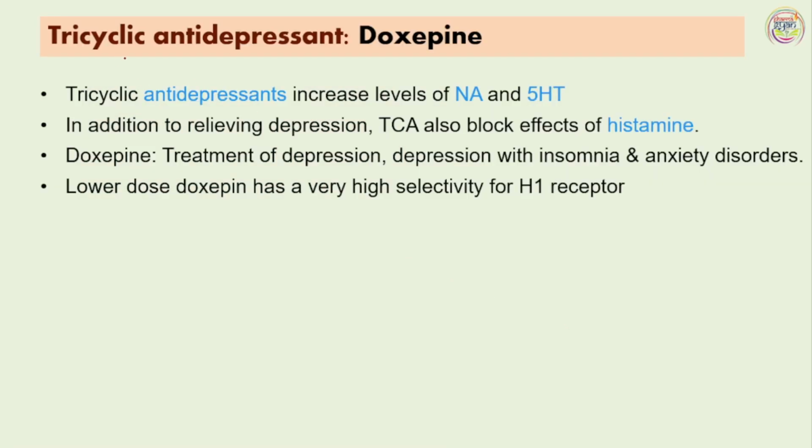The next category of drug is the tricyclic antidepressant, doxepin. Now we know that the tricyclic antidepressant type of drug is an important category of antidepressant, which increases the level of noradrenaline and 5-HT, or serotonin.